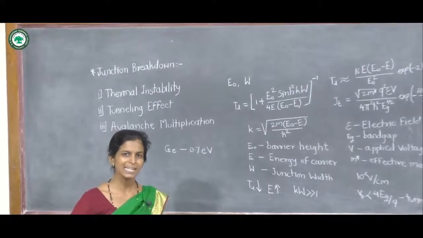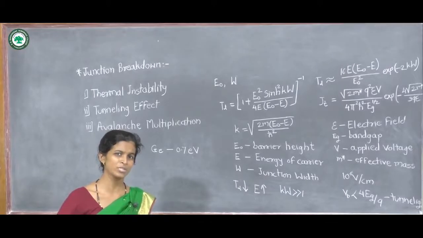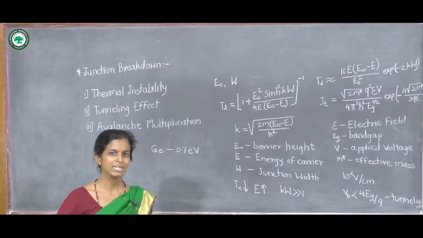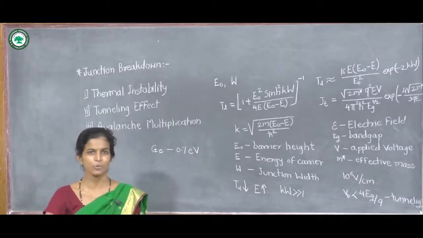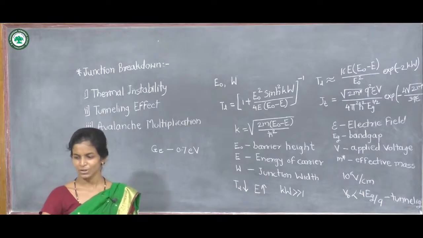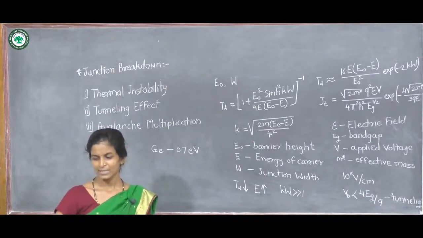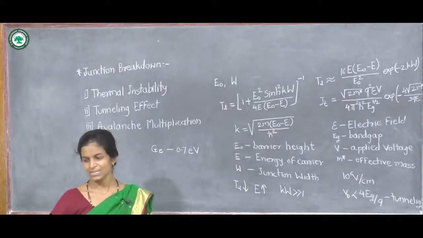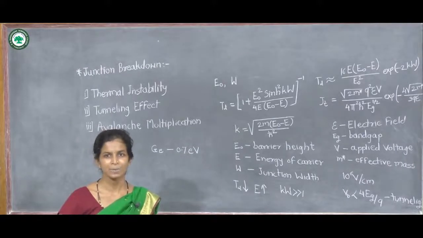That is, the tunneling mechanism has a negative temperature coefficient, while the avalanche mechanism has a positive temperature coefficient. That is, the breakdown voltage increases with increase in temperature.